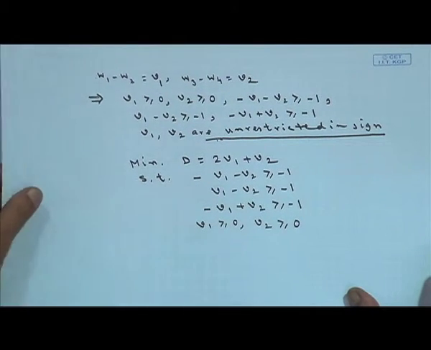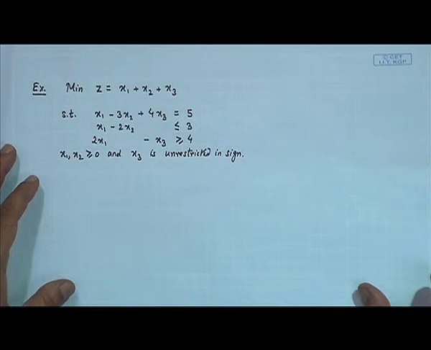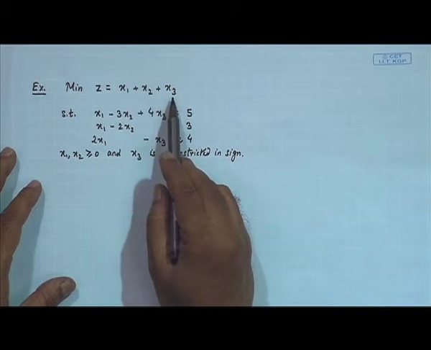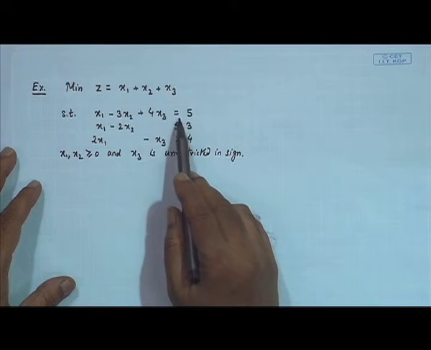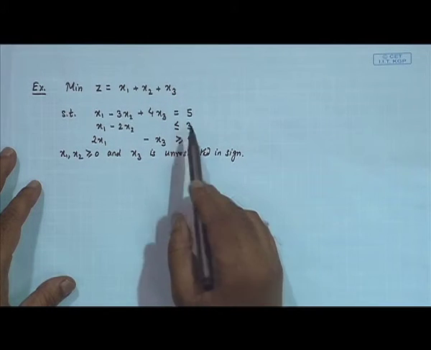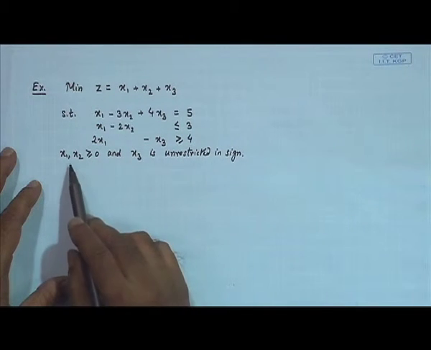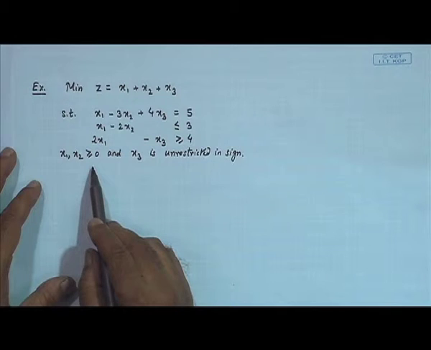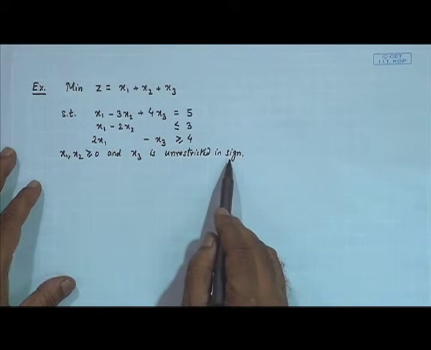We will do one more problem, then we will go for the solution of the dual problem. So, let us take this problem: minimize Z equals x1 plus x2 plus x3. Here the beauty is that I have all types: one is equality type, one is less than or equal type, one is greater than or equal type, and two variables x1, x2 greater than or equal to 0 and x3 is unrestricted in sign.